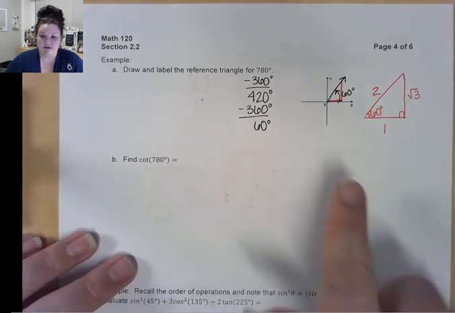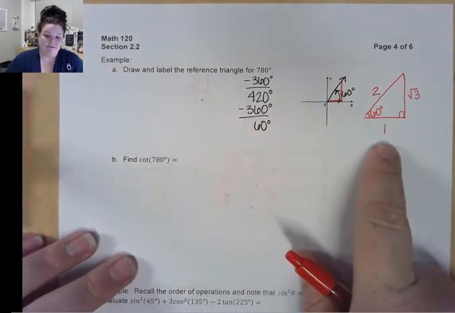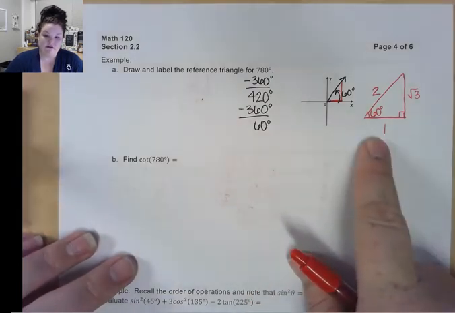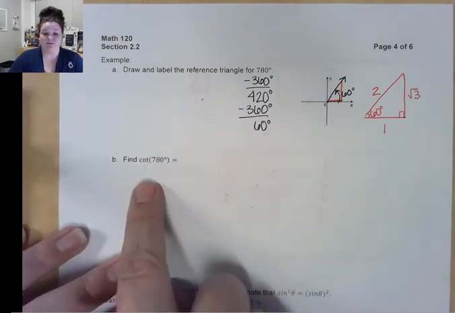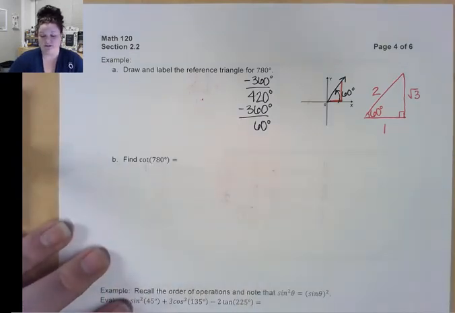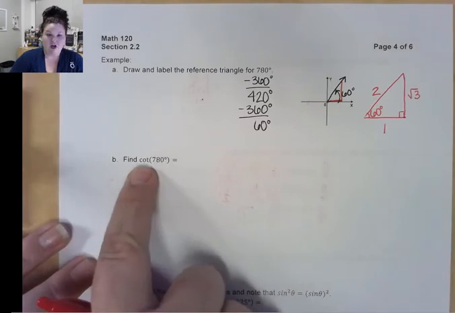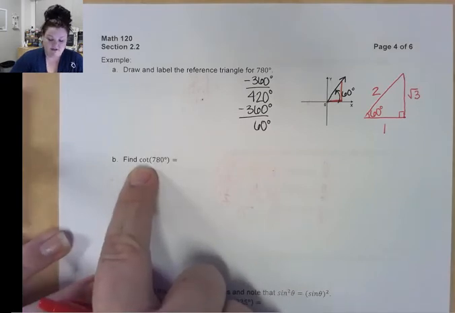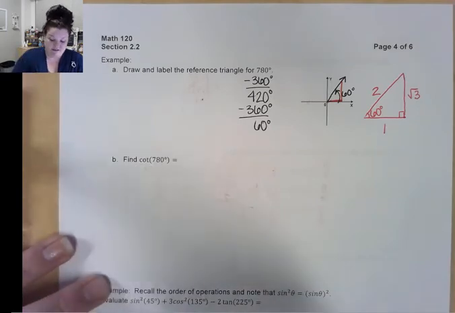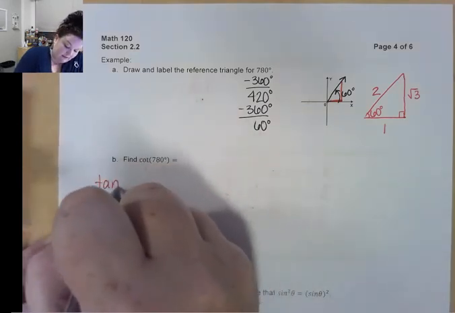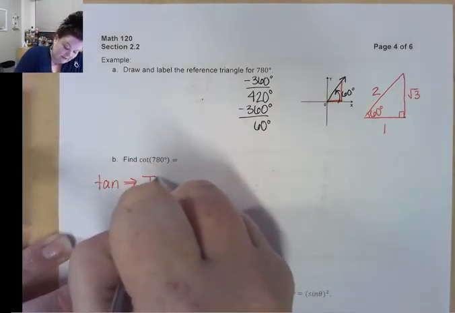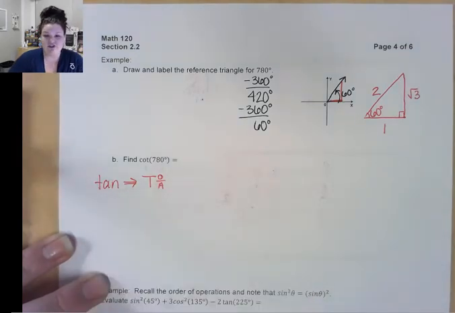Okay. So now that I have my reference triangle, I should be able to figure out whatever trig function value they want me to. Now they want me to find cotangent. Okay, so I'm going to go back a little bit. I'm going to think of tangent. When I think of tangent, I think of TOA. Tangent is opposite over adjacent.